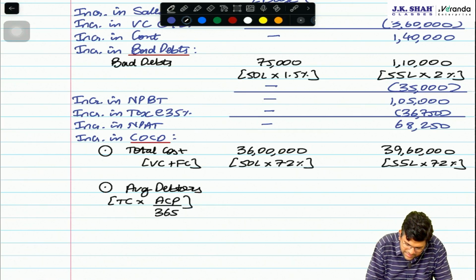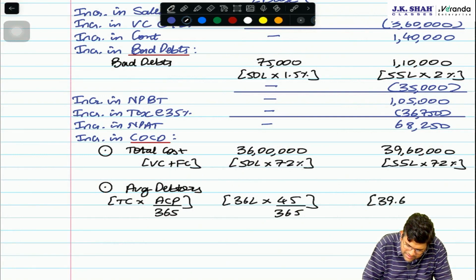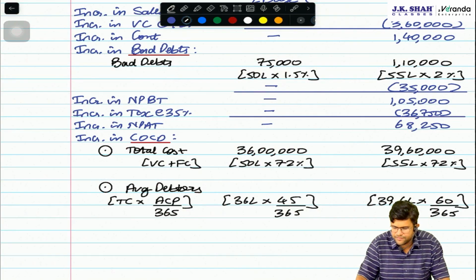Focus. This will be 36 lakh multiplied by the present policy's 45 divided by 365. And then here, it will be 39 lakh 60,000 into 60 days collection period divided by 365. I'll take the calculator, 36 lakh multiplied by 45 divided by 365.